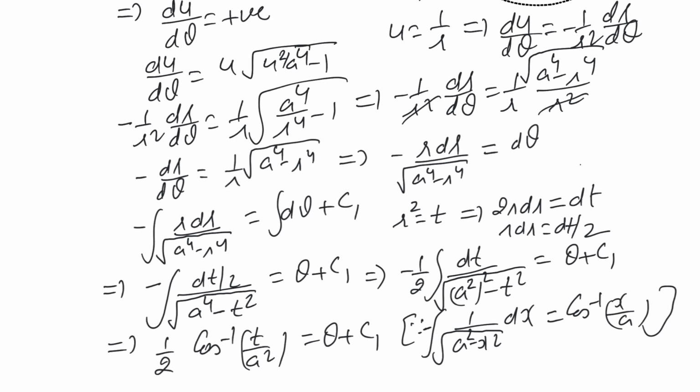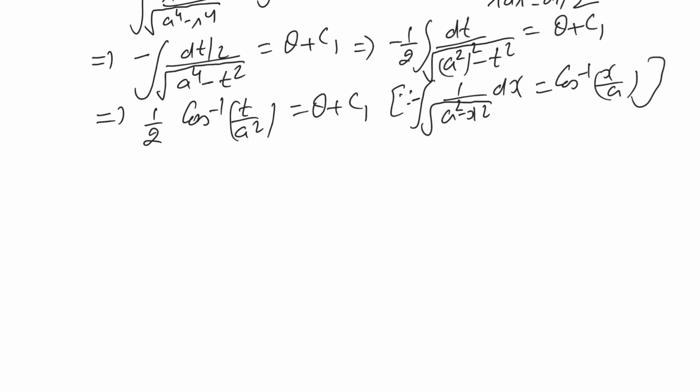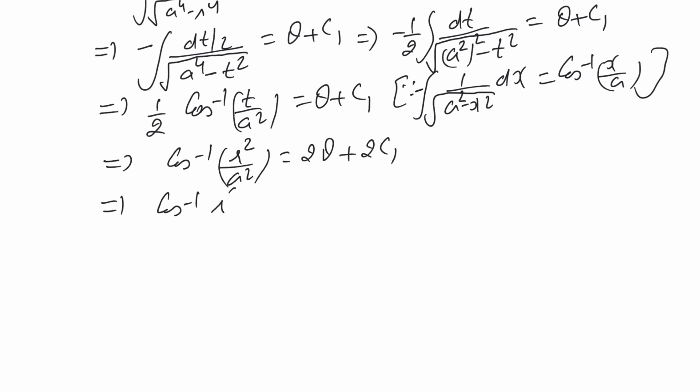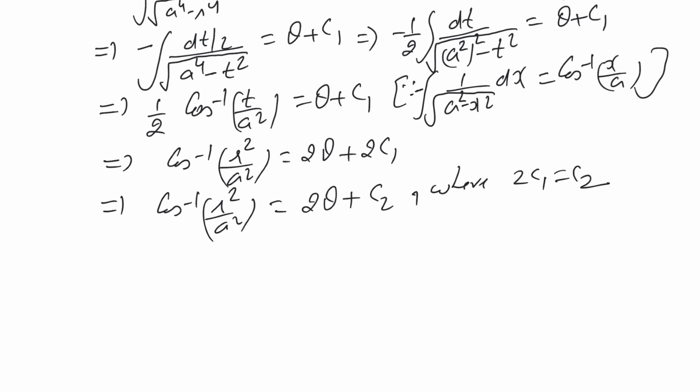So this will be the integration where c1 is arbitrary constant and whose value is to be determined. This equation can further be written as, multiplying both sides by 2, and t was equal to r square, cos inverse r square by a square is equal to 2 theta plus c2, where 2c1 is equal to c2, a new arbitrary constant, and the value of c2 is now required to be determined.